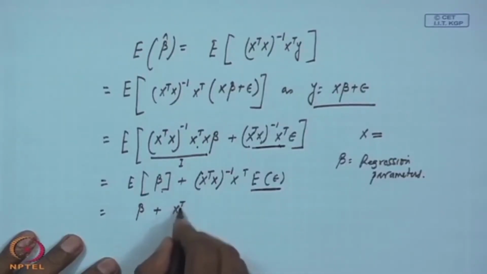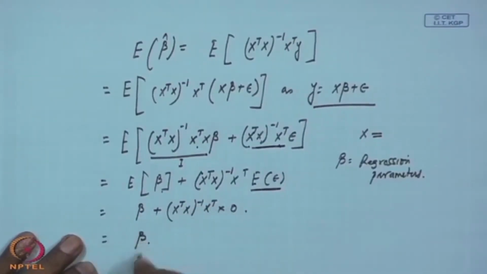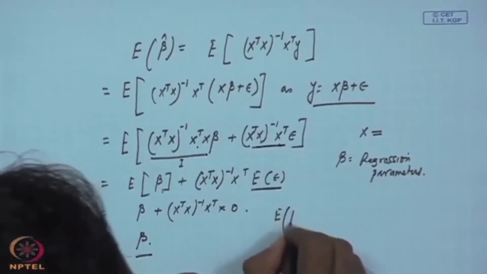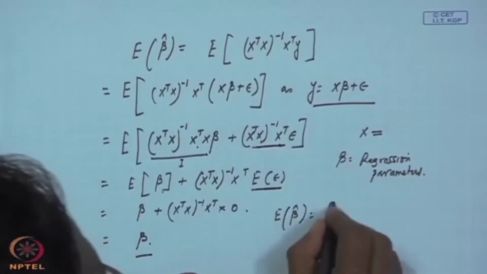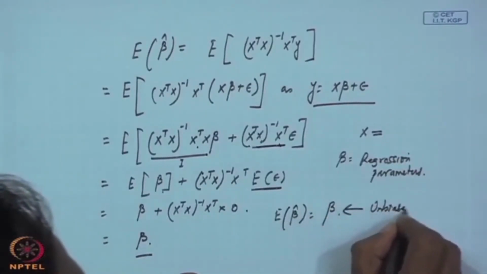So you get x transpose x inverse x transpose into 0, and this becomes beta. So the expected value of beta cap is beta, that is an unbiased estimation.